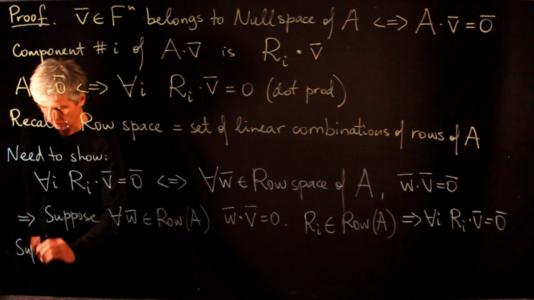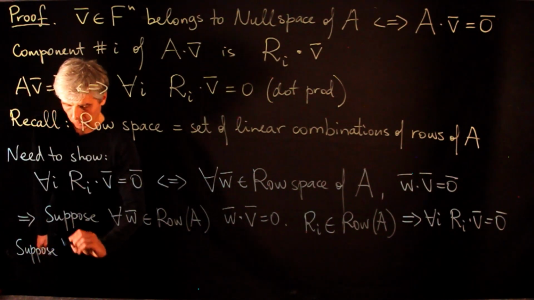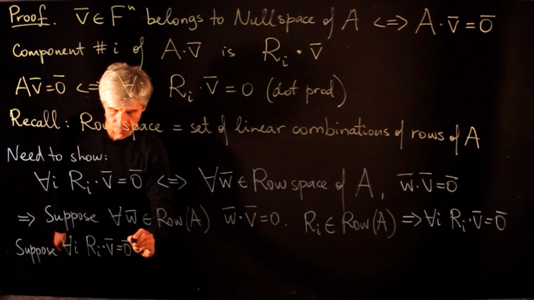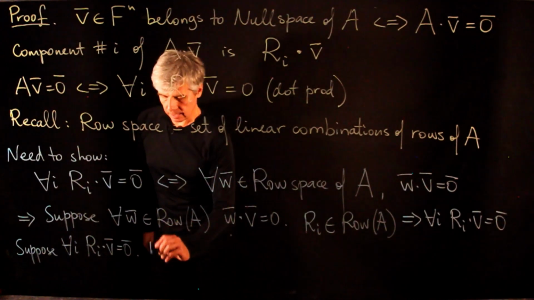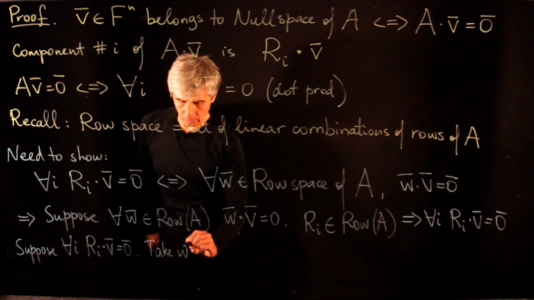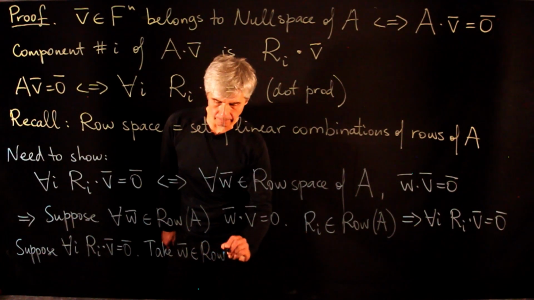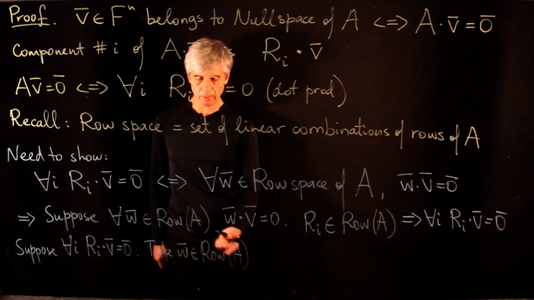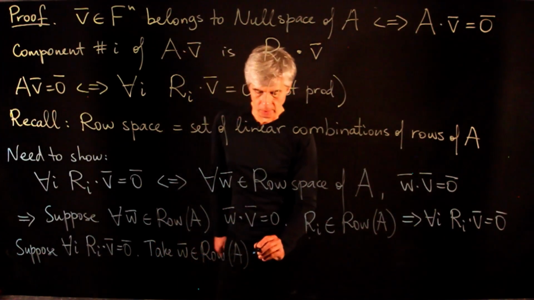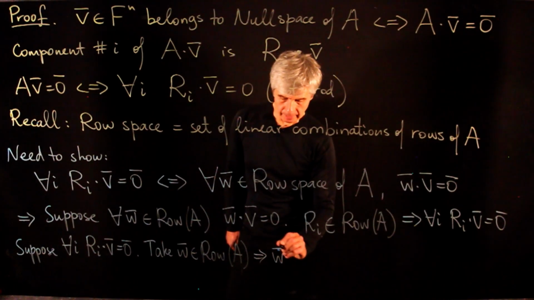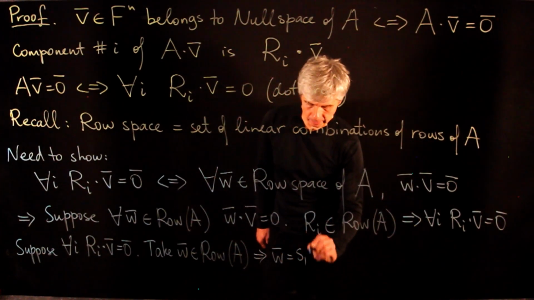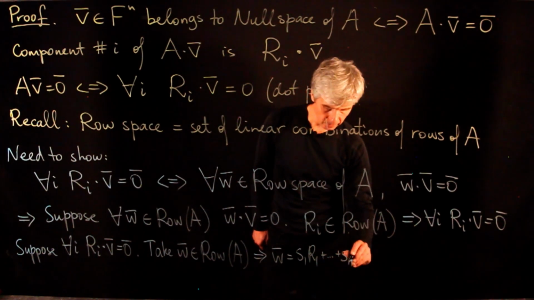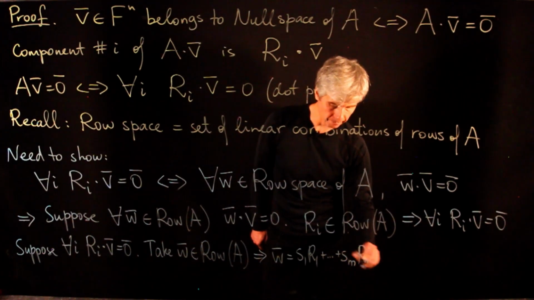Now we need to prove this in the other direction. So suppose for every i, row i dot v is equal to 0. Now let us take W in the row space of A. The row space of A is the set of all possible linear combinations of rows of A. So this means that W can be written as s1 row 1 plus ... plus sm row m.